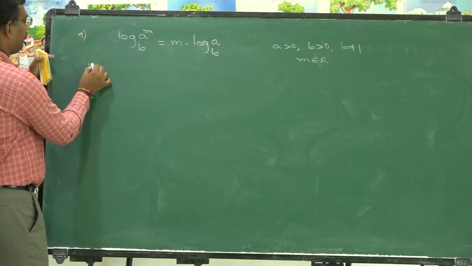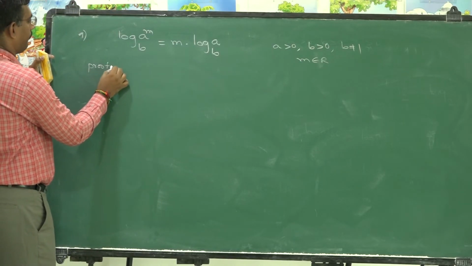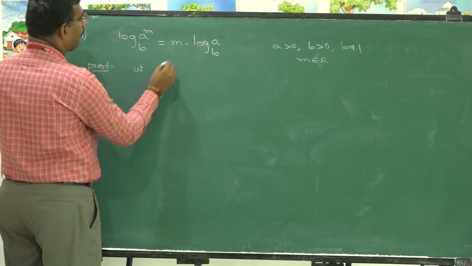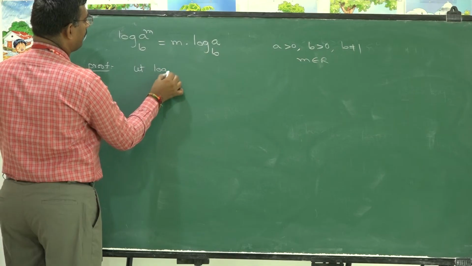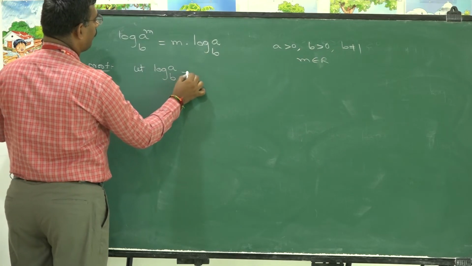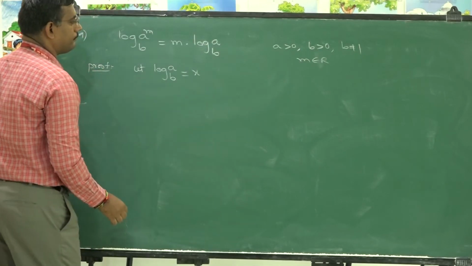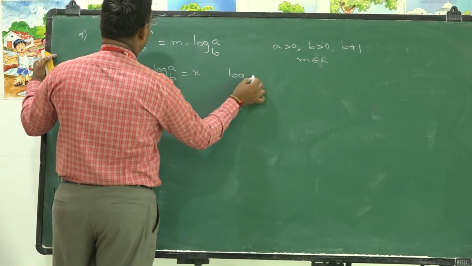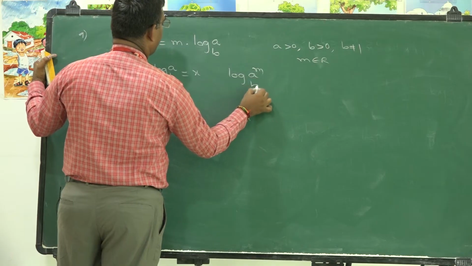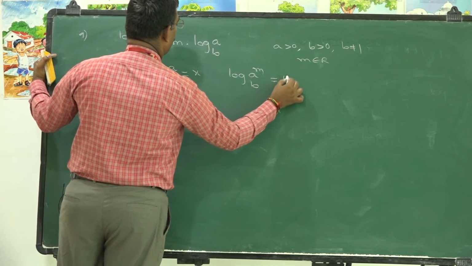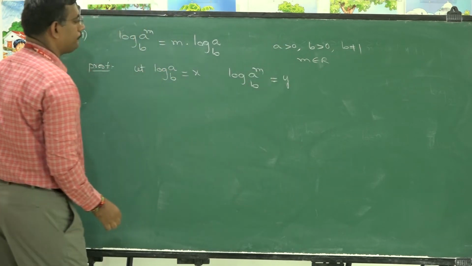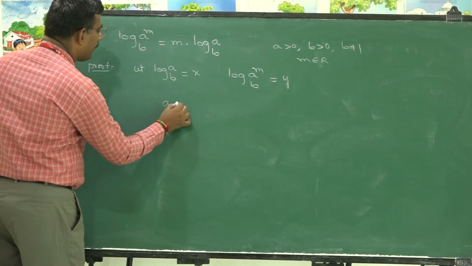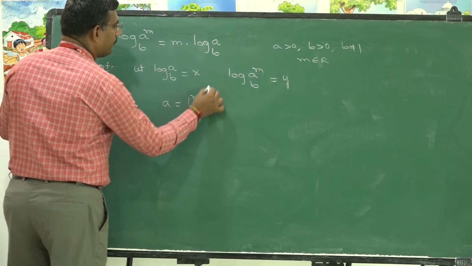Proof. Let log a base b is equal to x, log a power m base b is equal to y. Here a is equal to b power x.